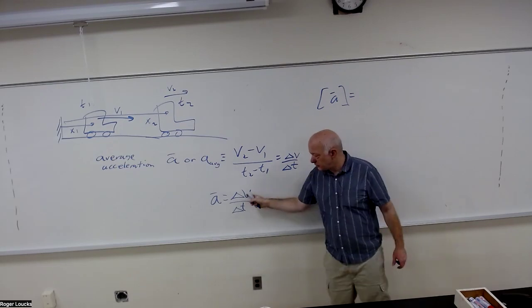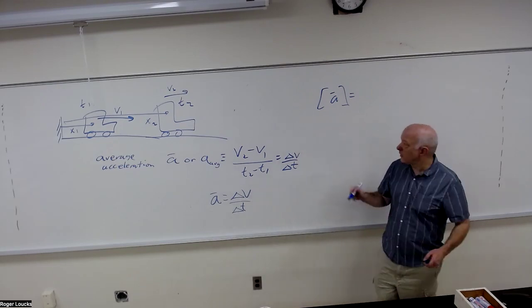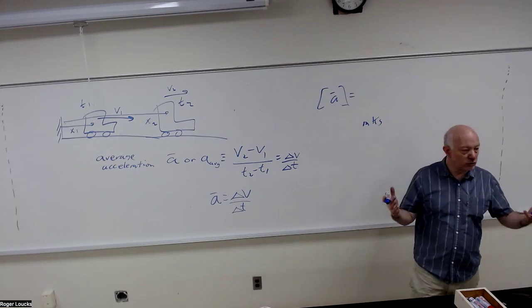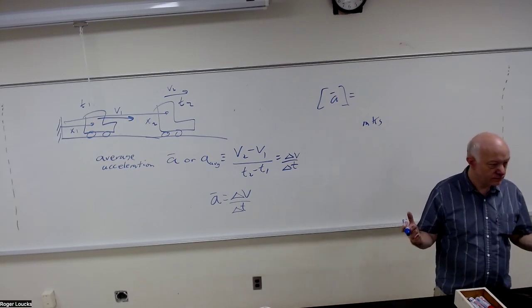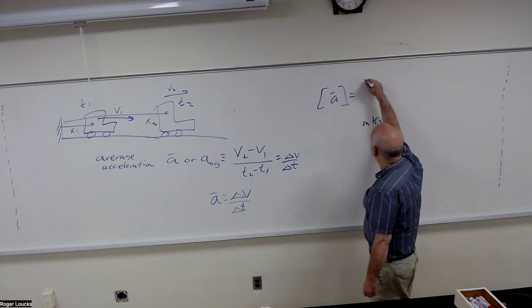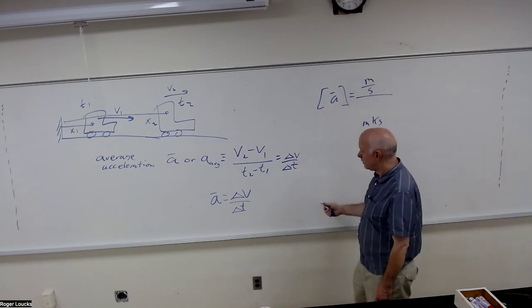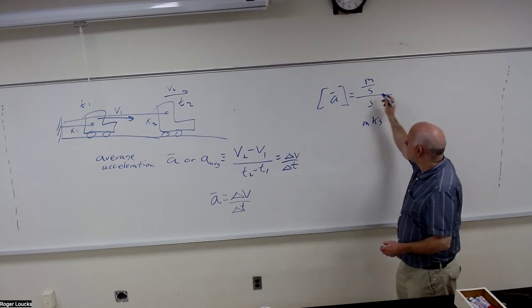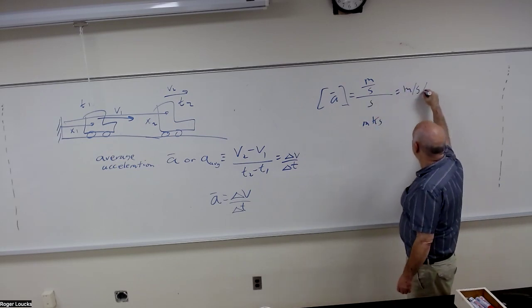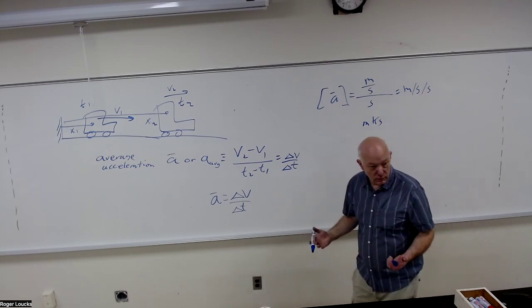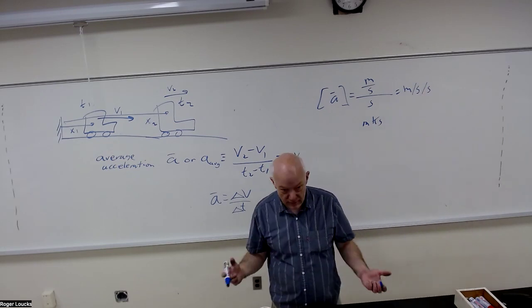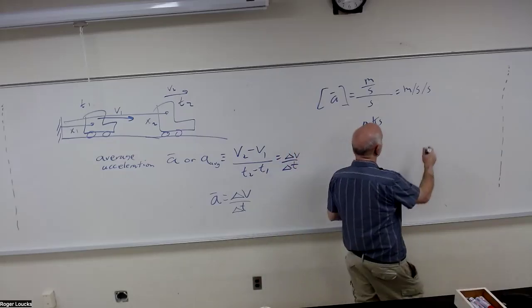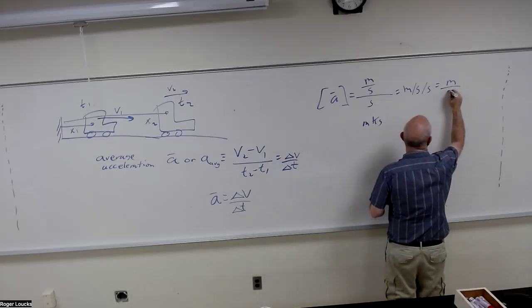So let's get the unit for this. What do we measure delta V in? Let's do the MKS ones. Delta V is measured in meters per second. Change in time is seconds. So if you want, you could say it's meter per second per second. That's perfectly fine, no one ever does that. Instead, since you have two seconds on the bottom, this is really meter per second squared.